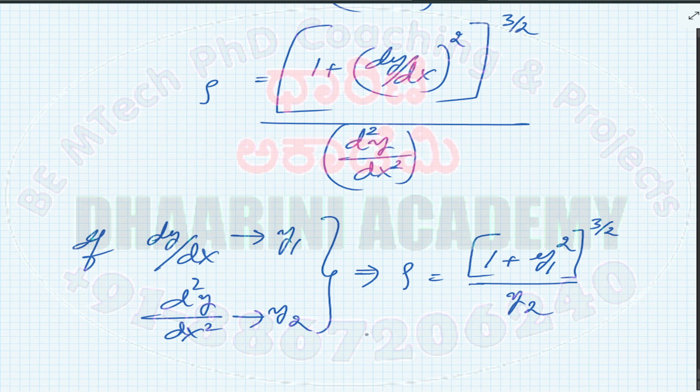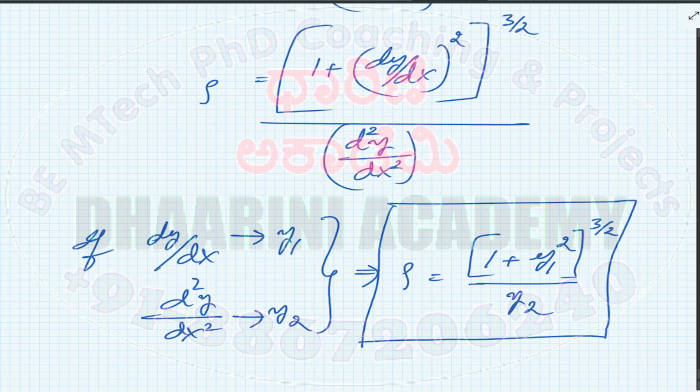You can remember using this notation. So this is the equation that is required to calculate the radius of curvature for any given curve which is represented using the Cartesian format. Okay, so this is an important equation we need to remember.